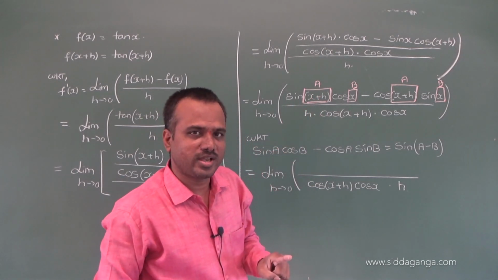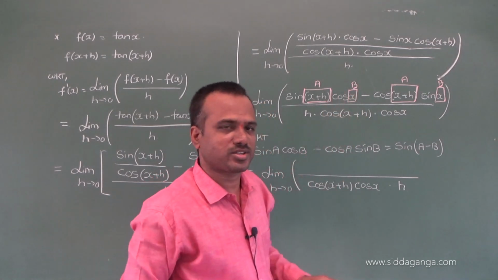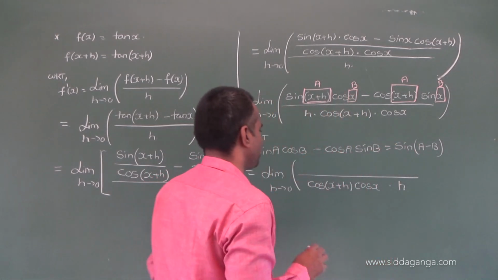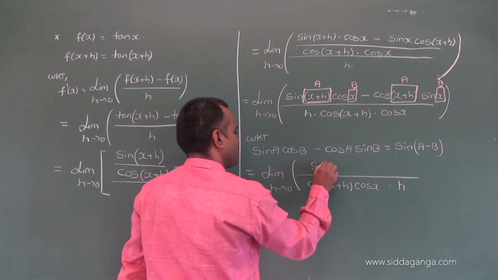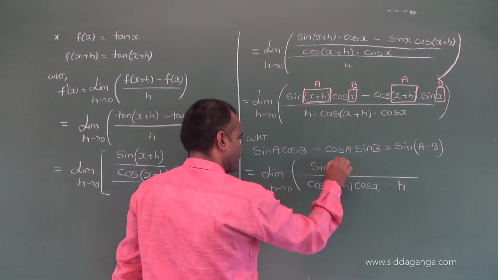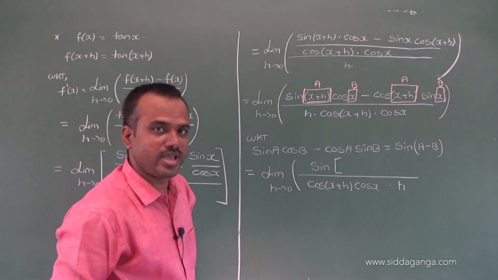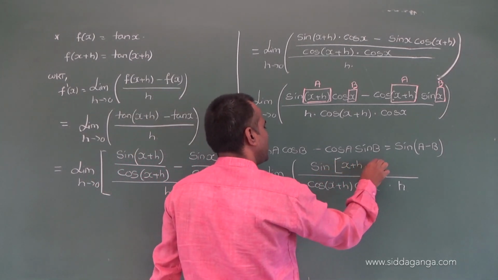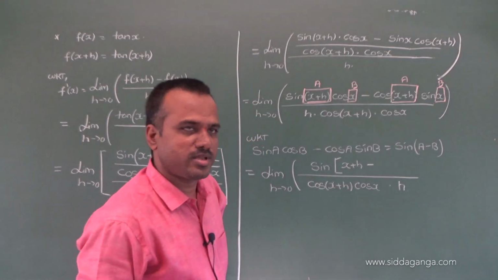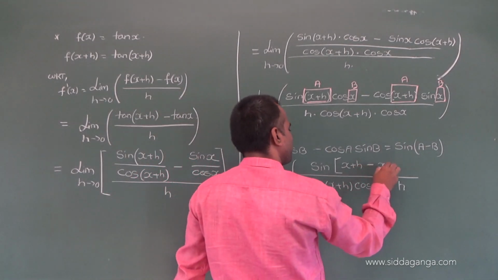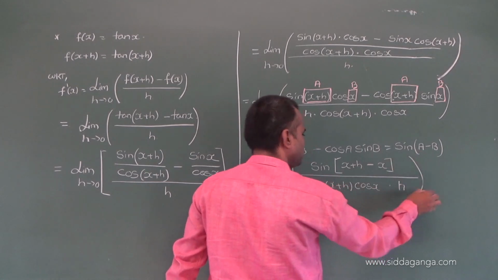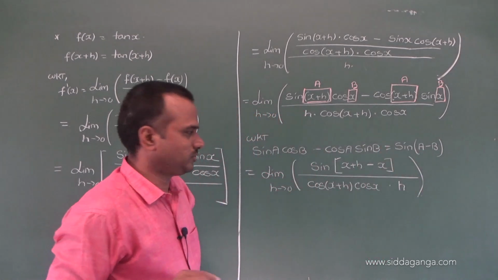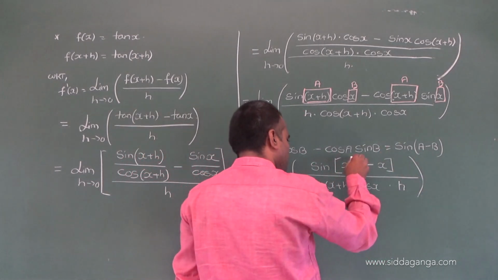B is x. Sin of A minus B, sin of x plus h minus x, over.